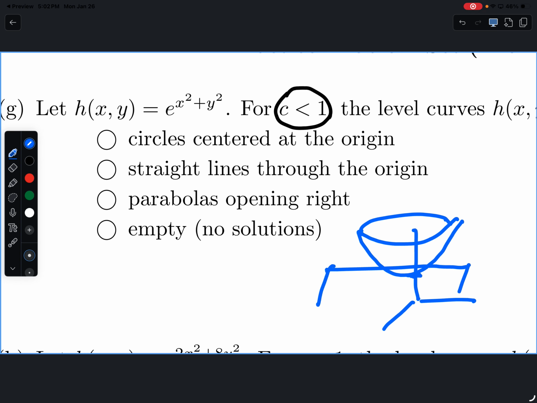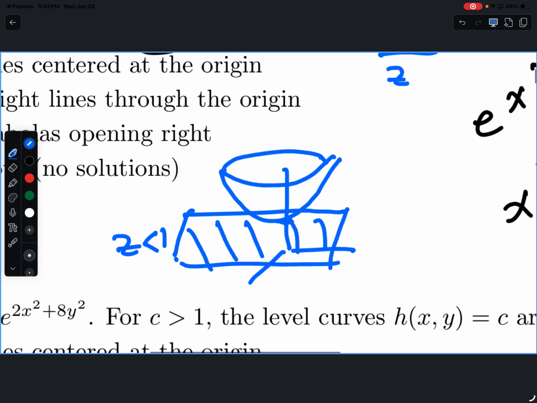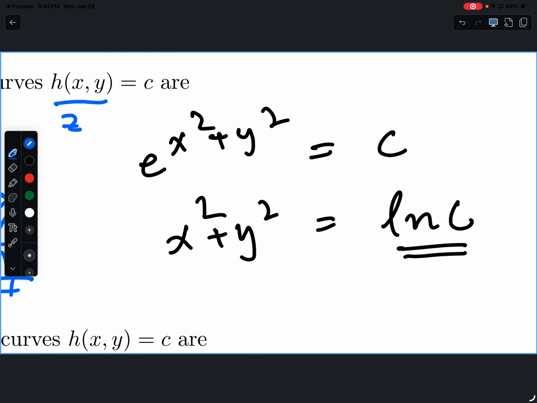So if you try to intersect with any plane where the value of z is less than 1, because this is our z, if z is less than 1, it means there is no intersection. If there is no intersection, we are not going to get any circle. But if you take the value which is greater than 1, there will be intersections and you will see different values. So this is the geometric meaning. And if you don't like geometry, this is the algebraic meaning, that if c is less than 1, it doesn't make any sense.